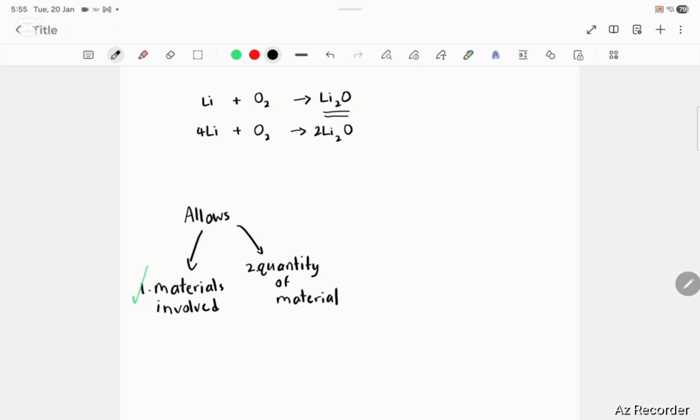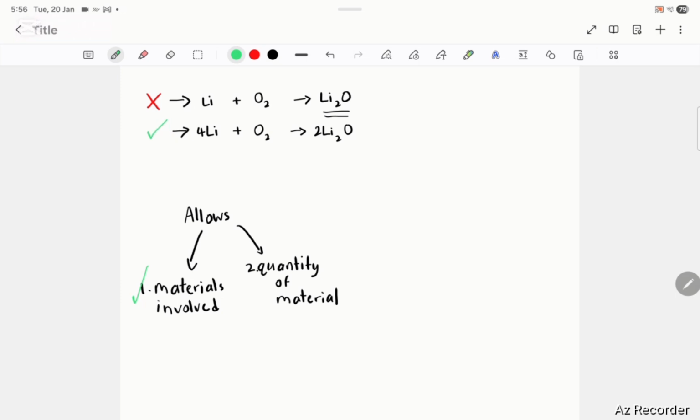Well, the first chemical equation right here is an invalid and unbalanced chemical equation. So thus it is wrong. The second one, however, is an example of a balanced chemical equation where lithium burns in oxygen and produces lithium oxide. So this is a valid chemical equation that is already balanced.